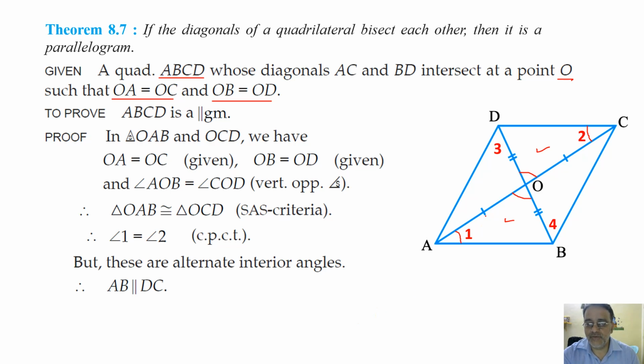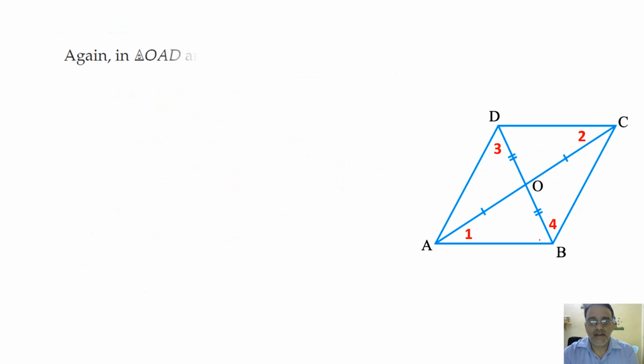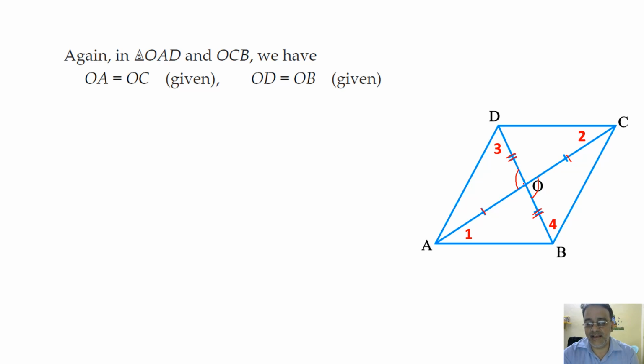Okay. Now we will prove these two triangles congruent, the same way we just proved. Look carefully. OA is equal to OC and OB is equal to OD, it is given, and these two angles are equal, vertically opposite angles. So by the SAS congruence rule, these two triangles are congruent.